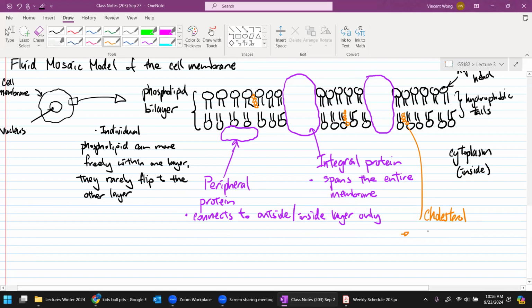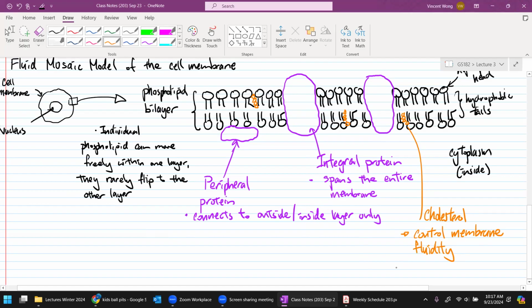And the function of the cholesterol in the cell membrane is that it helps control membrane fluidity.